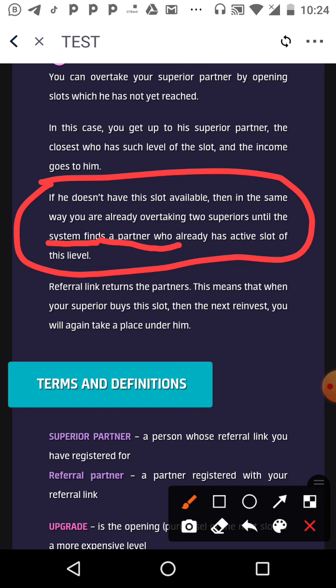So the system goes around all of the system, whether you're in Chicago, in the US, in Nigeria, in Ghana, the system finds who has an active slot. Maybe the system finds somebody who has level 11, 12, 13, 14, 15 and assigns that money. It's called spillover. It is not a joke. It finds that person and drops that money into his account.